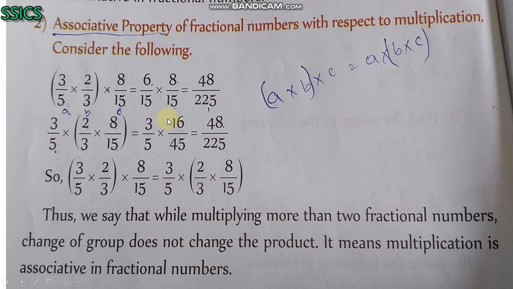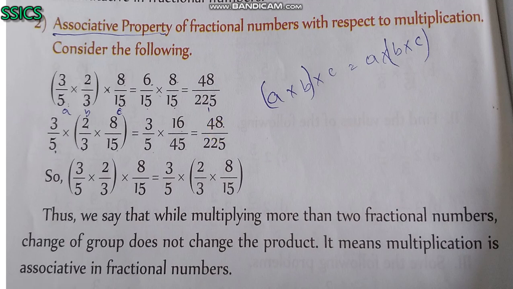Now 3 by 5 is written as it is. Inside the bracket multiply: 2 eights are 16, 3 fifteens are 45. Now write the final answer: 16 threes are 48 and 45 fives are 225. So the answer comes the same, 48 by 225 in both cases.